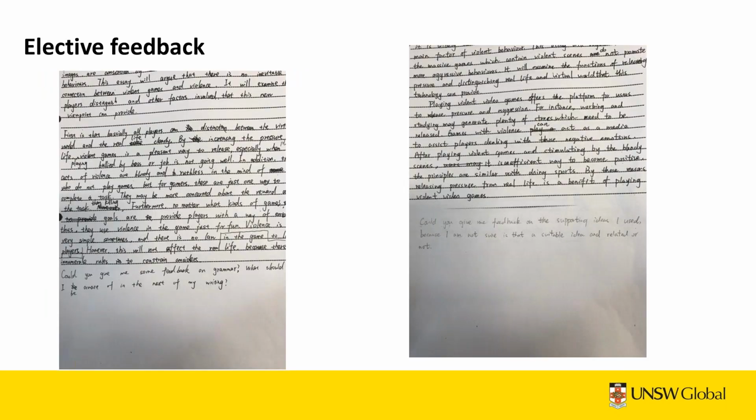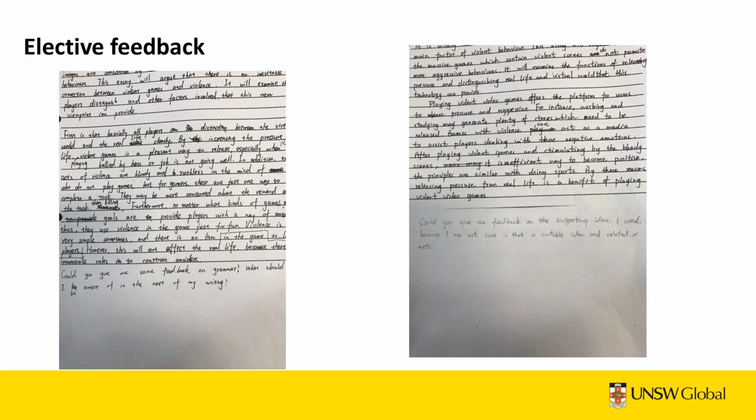Elective feedback means that students can request particular feedback, request feedback on a particular aspect of their work. And I think elective feedback can be practiced especially with direct entry students or academic English.